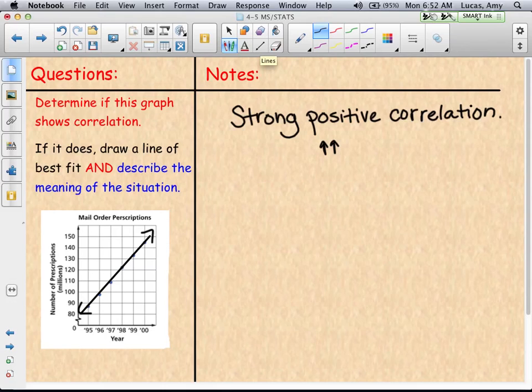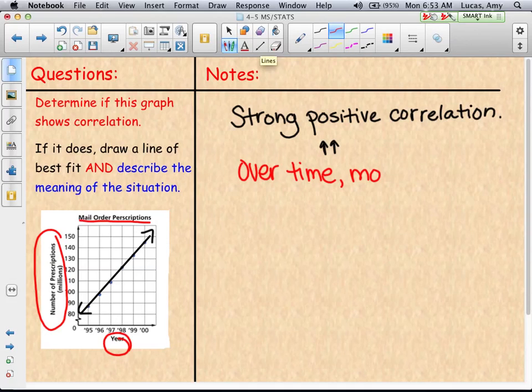And describe the meaning. This says years, our independent variable is years again, and number of prescriptions in the millions. And the title says mail order prescriptions. Little typographical error on that. Strong positive correlation. So, over time, more people are using the mail to get their prescriptions.